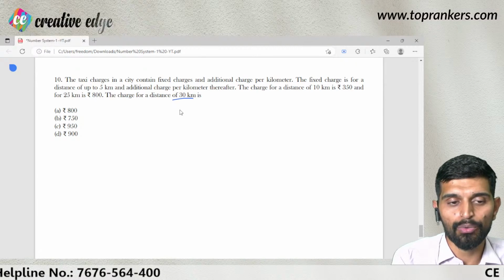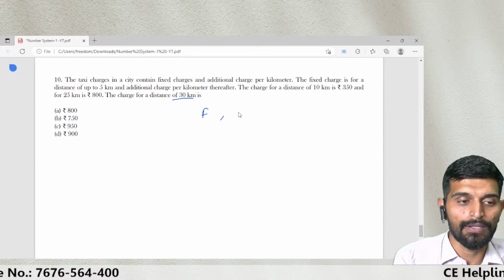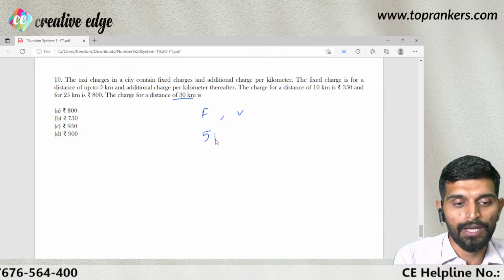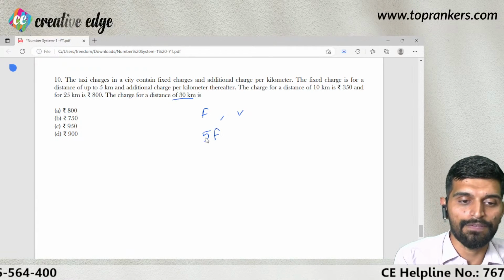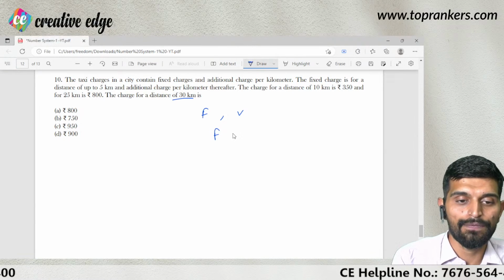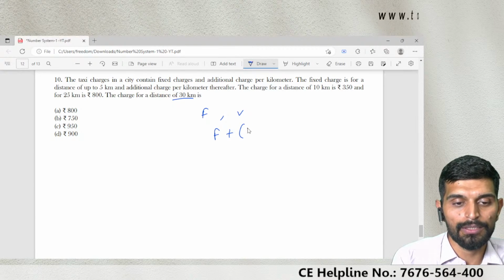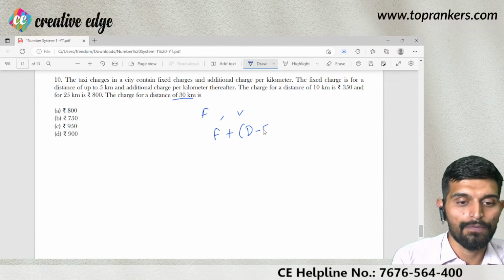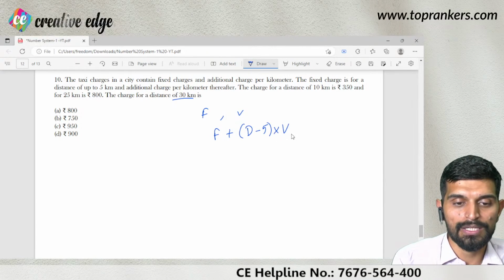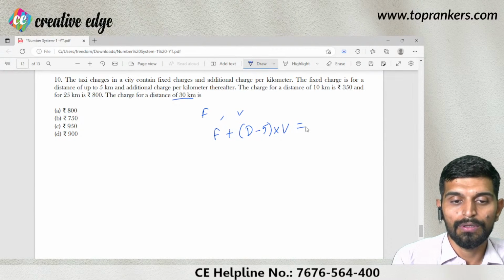This is a linear equation in two variables kind of question. So say fixed charge is F and the variable charge is V, right? For first 5 kilometers, the value is F. After this, whatever be the distance, so the distance minus 5 into V. So F plus D minus 5 into V gives you the value.